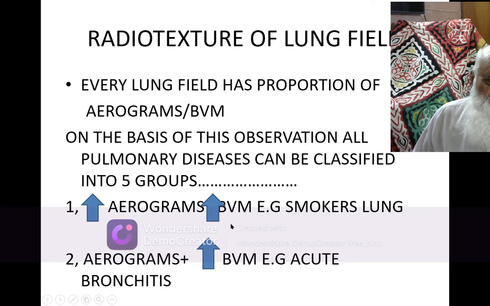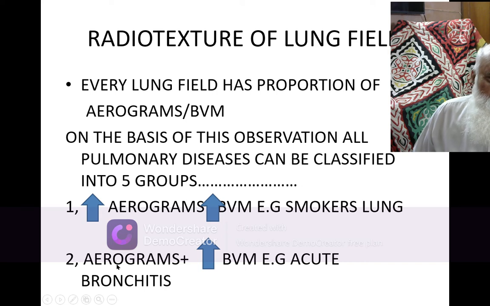This is my prediction. So he quit smoking from the first day, and he died 2 or 3 years back because of a prostate problem, not lung disease. He quit smoking. So the first condition, where aerograms and BVM are equally increased, is the smoker's lung.